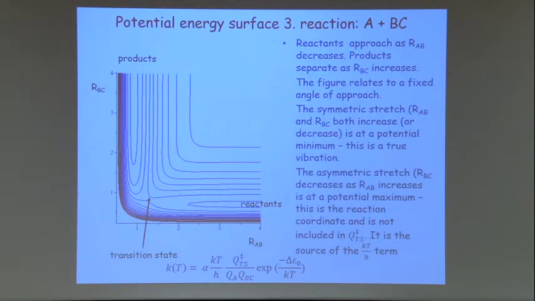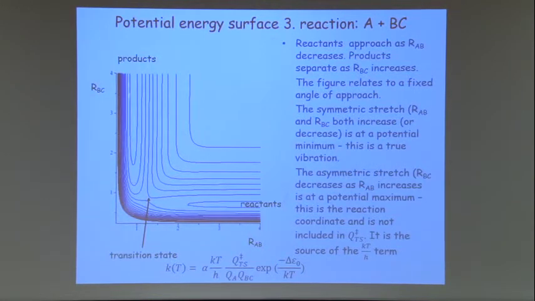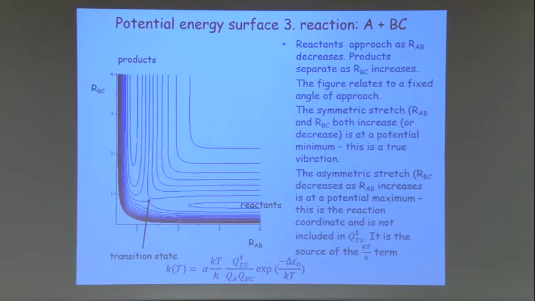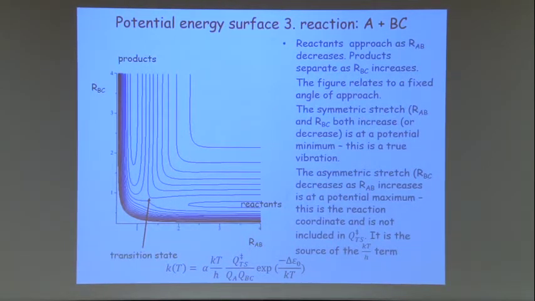But the asymmetric stretch is not. The asymmetric stretch corresponds to passage along here, going from the reactants to the products, and this is called the reaction coordinate. There isn't a restoring force as there is in a normal vibration when we get to the maximum up here.